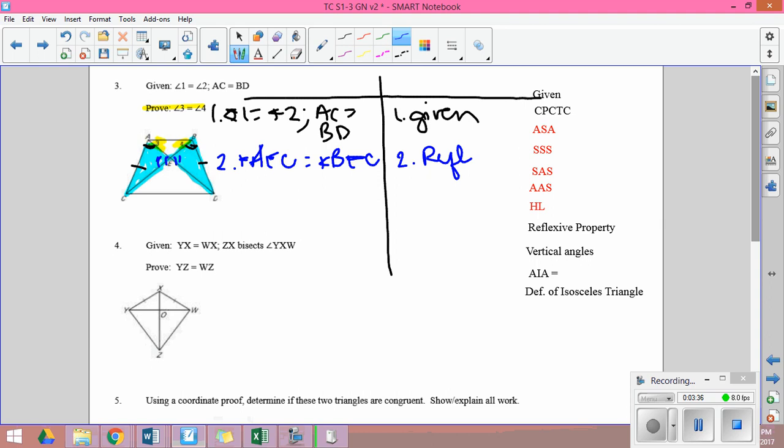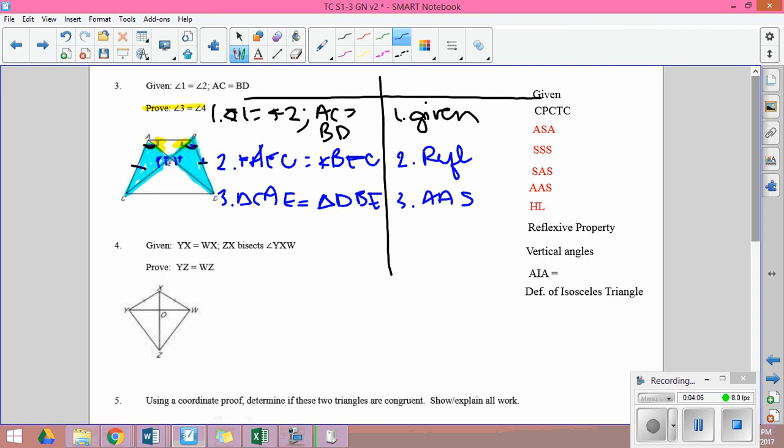I all of a sudden have my two blue triangles congruent by angle, angle, side. Now how does that help me? Well, if I write that down, triangle CAE is equal to triangle DBE. Again, order matters. And remember, that's by angle, angle, side.